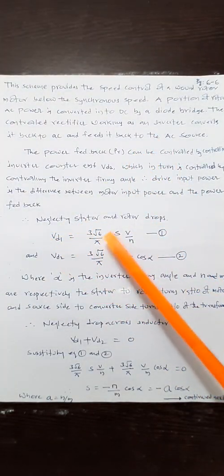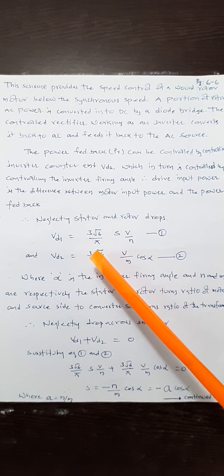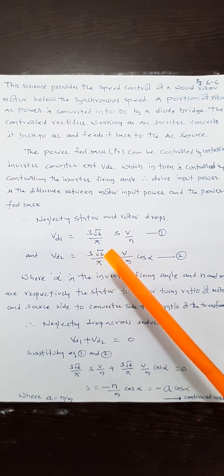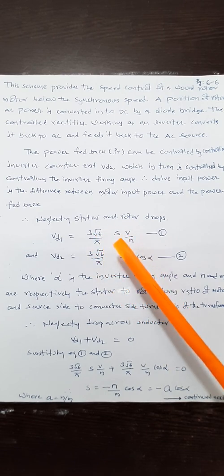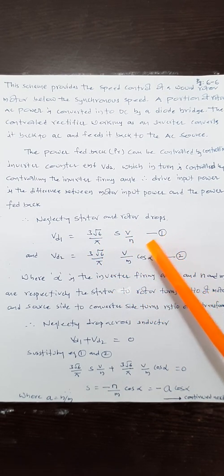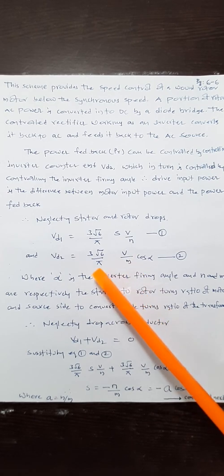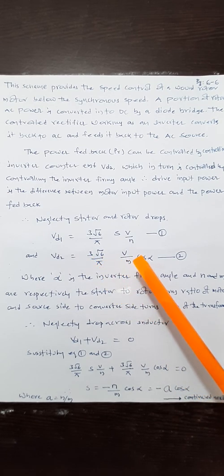Neglecting stator and rotor drops, ED1, the equation for the uncontrolled diode bridge, is 3 root 6 by pi times S V by N. This is equation number 1, where S is the slip. And ED2 is the inverter output voltage, 3 root 6 by pi V by M cos alpha.